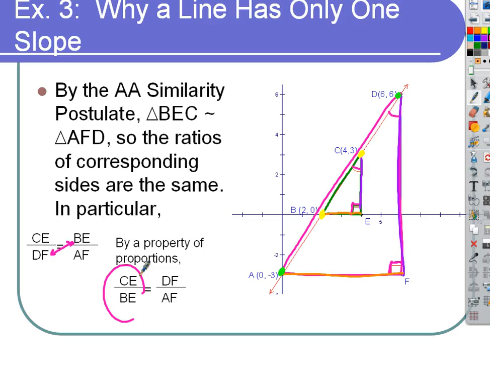CE over BE, so that's small height to small width must equal big height to big width. In other words, rise over run for the small triangle equals rise over run for the big triangle. How about that? We just showed it. By proportionality, those mean slope, don't they? Both of those are equal to m.